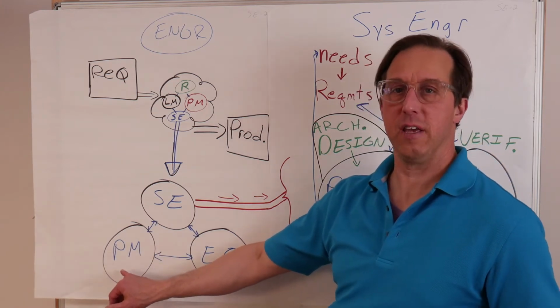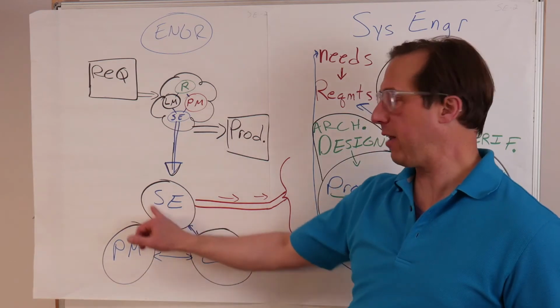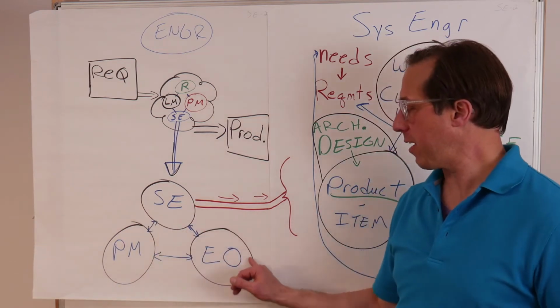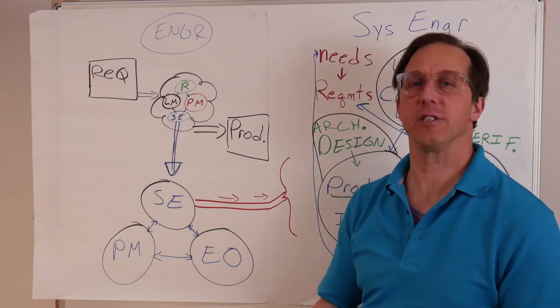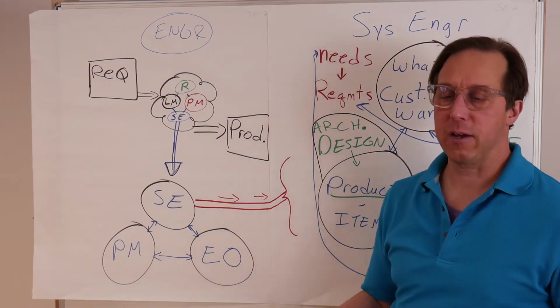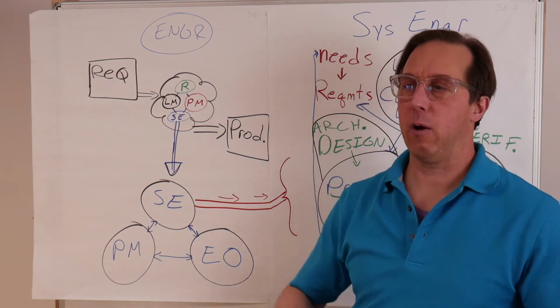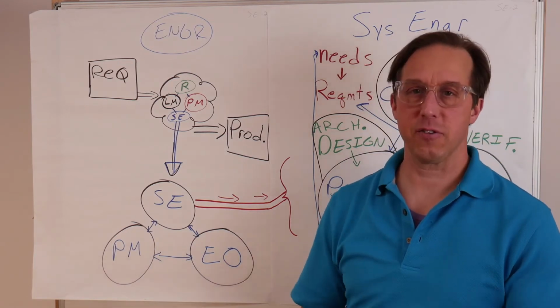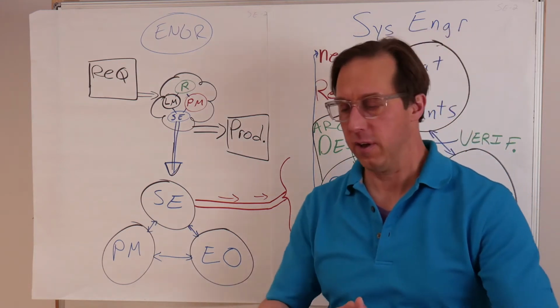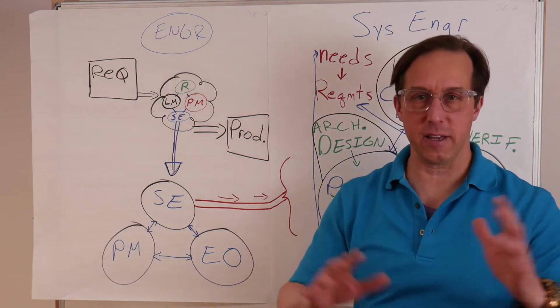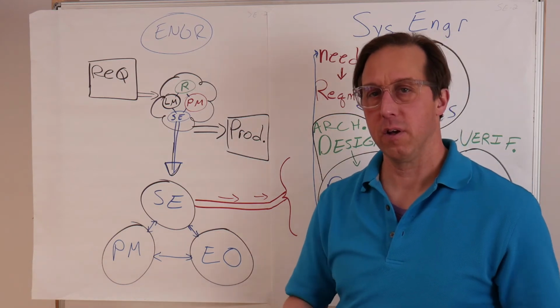Now, two other facets include project management. So specifically doing project management on the engineering tasks. And then finally, all this happens within an organizational context. So that's where engineering operations comes into play. That could be anything from how we run our project management system. We might have a corporate risk register where executives have all the risks of all the projects, and then they could get a bird's eye view of corporate risk.